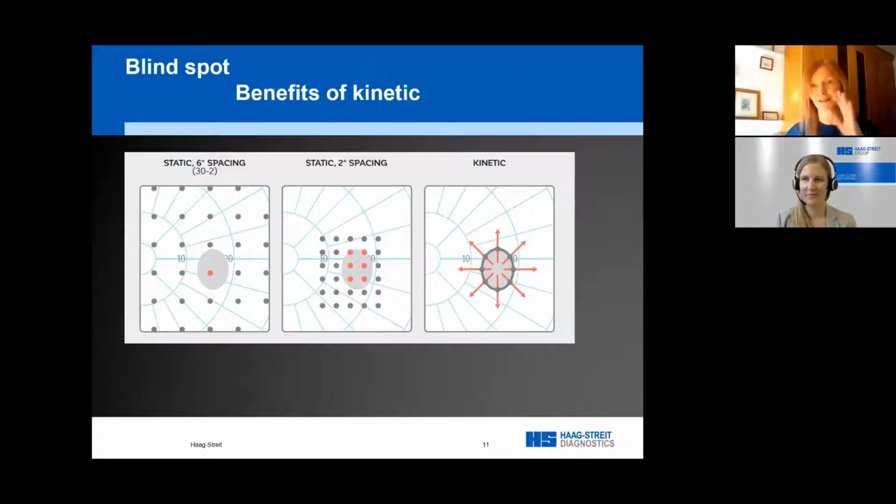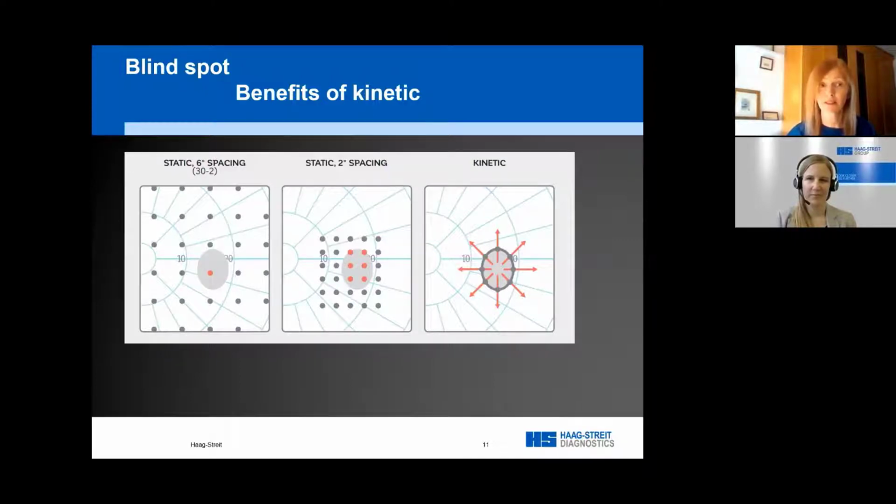It is an area without any visual field within it. So first of all, kinetic testing of the blind spot is a fast assessment. There is usually a very clear boundary between the blind spot and the seeing visual field that surrounds it in most cases. And because of that, there's high resolution.